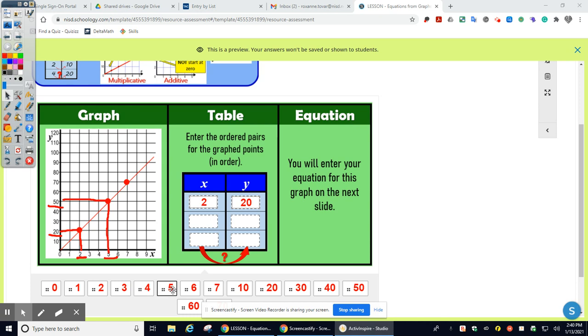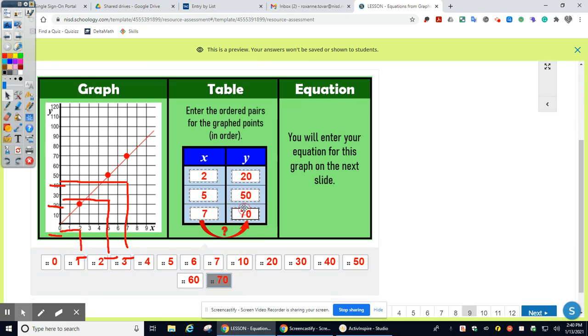So we're going to put 5 and 50. Then we're going to go to the last dot we see. When x is 7, y is 70. So we're going to put in 7 and 70.